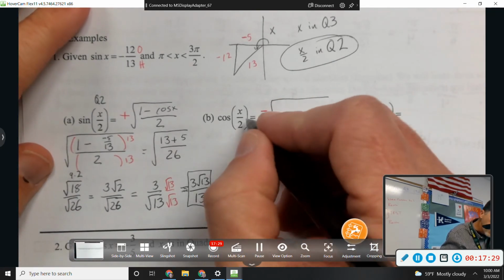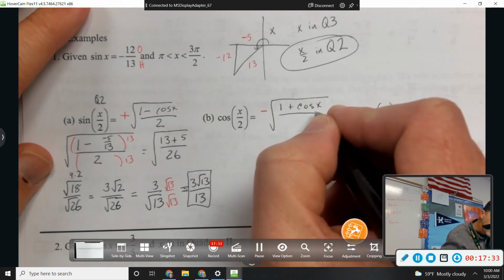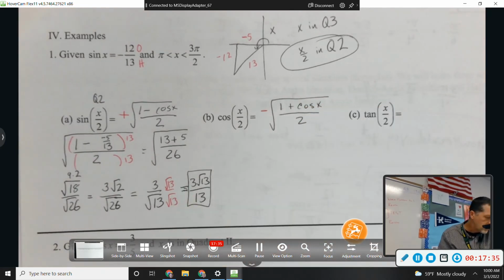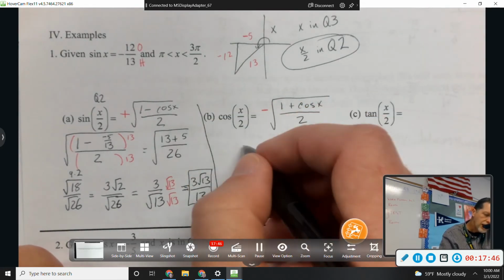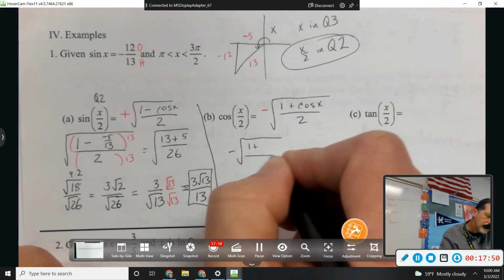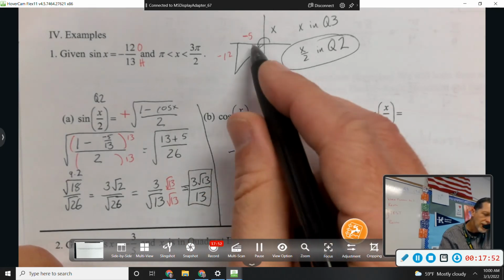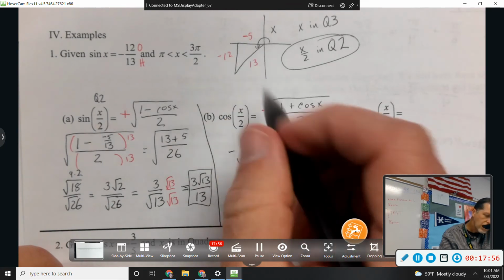All right, the cosine formula, that one's the square root of 1 plus cosine of x over 2. And we already said it's negative. So 1 plus cosine of x is negative 5/13.